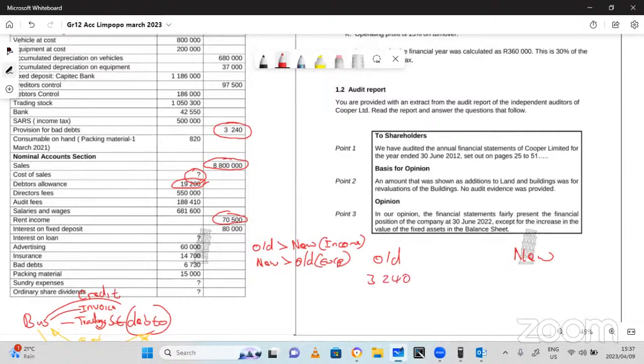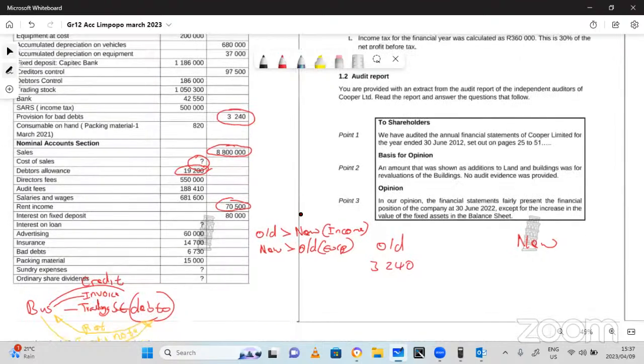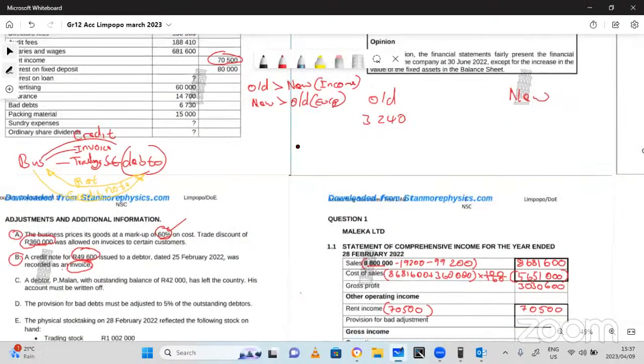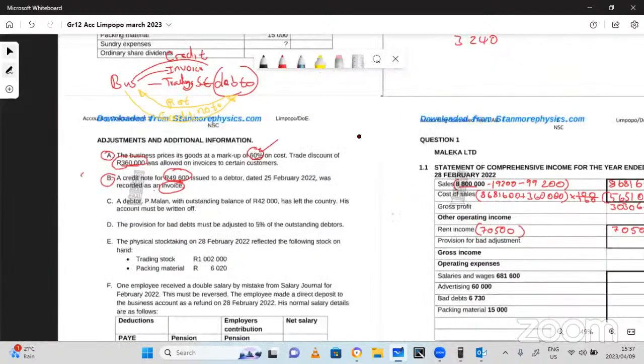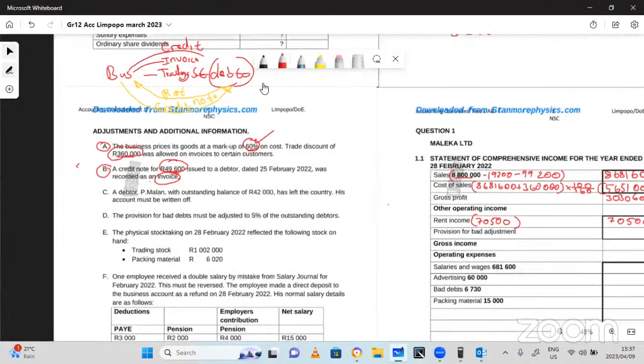But during the year, we had a new provision for bad debt because of the operation of the business. And we are told here there's a transaction, transaction number D. The provision for bad debt must be adjusted to 5% of the outstanding debtors.